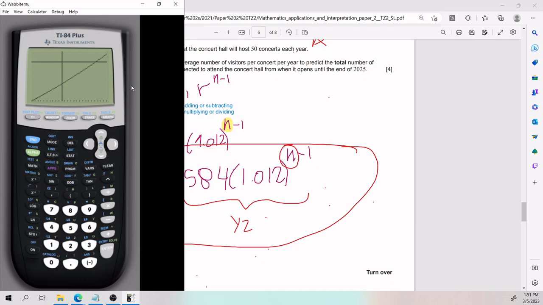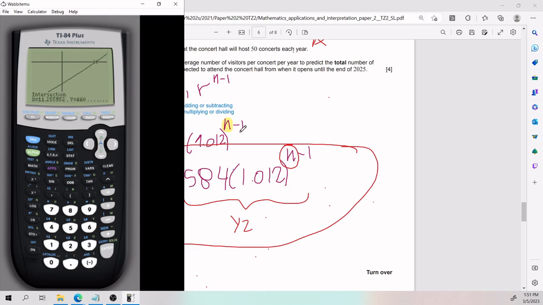Clearly they are intersecting. So I'm going to go to second trace, hit calc, go to intersect, and pick my first curve, that one there. Pick my second curve, this one here. And then we have guess. Guess is really only useful if you have more than one intersection, because it helps you tell the calculator which intersect you want. But just to be safe, you put guess on top of the intersect that you want, and you end up with this value.